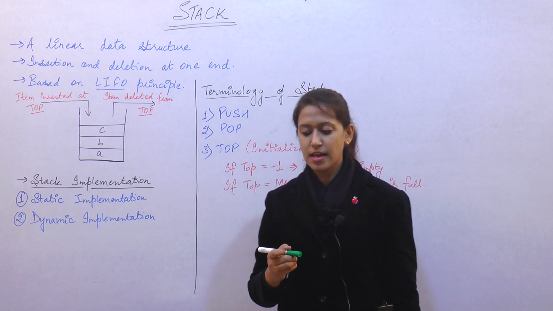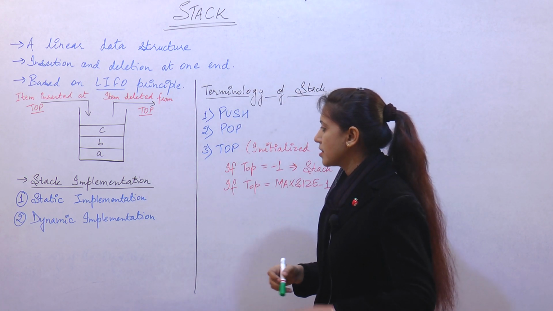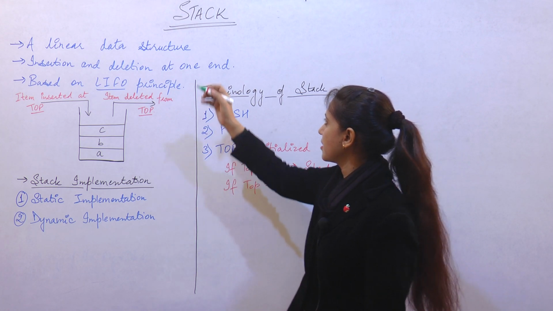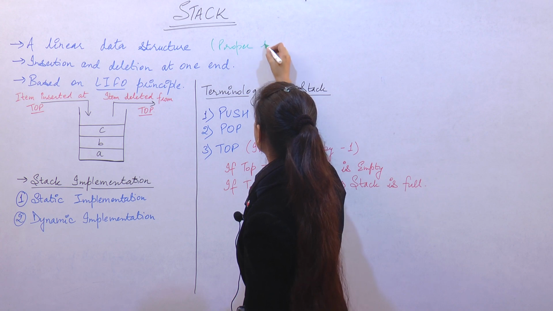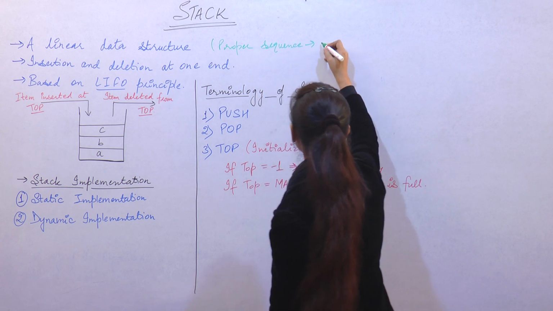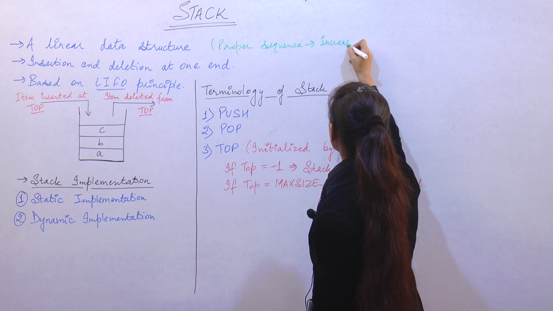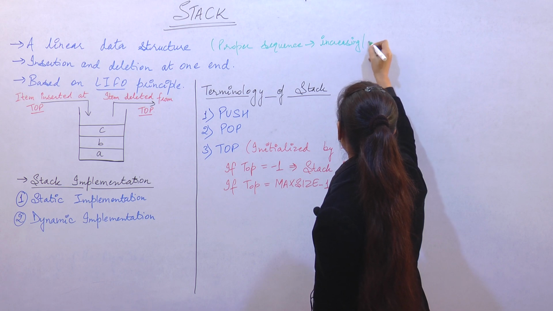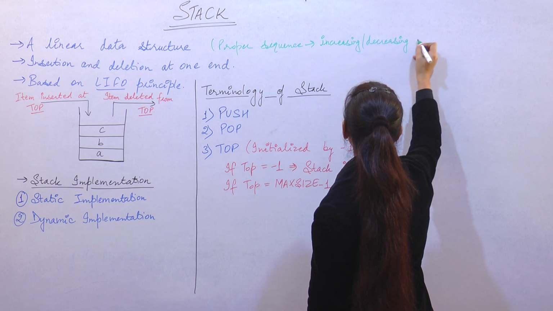Linear means, as I told you in our previous lecture also, that the data is arranged in a proper sequence. A proper sequence can be understood in increasing or decreasing form.